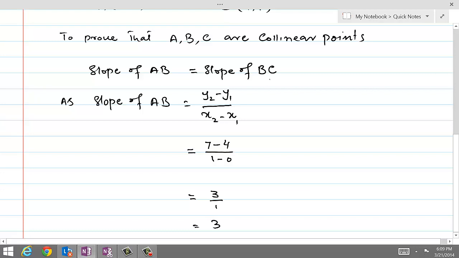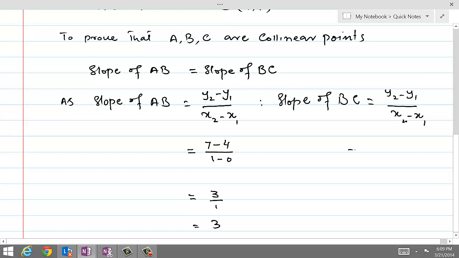And similarly, we will find slope of BC, and we use the same formula, y2 minus y1 over x2 minus x1.